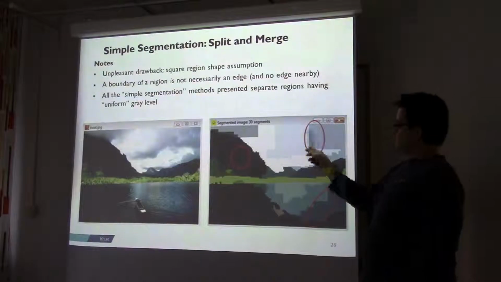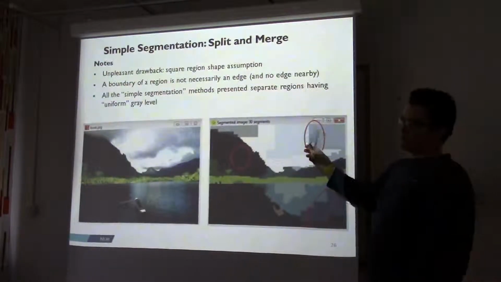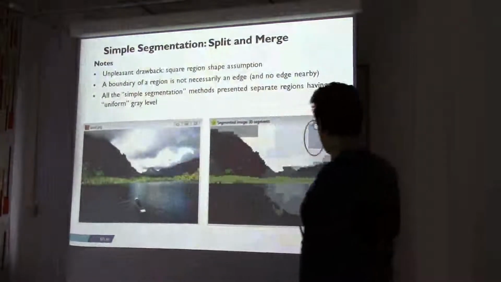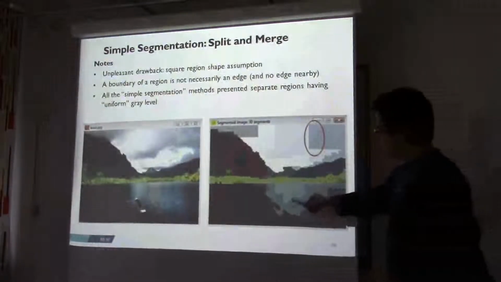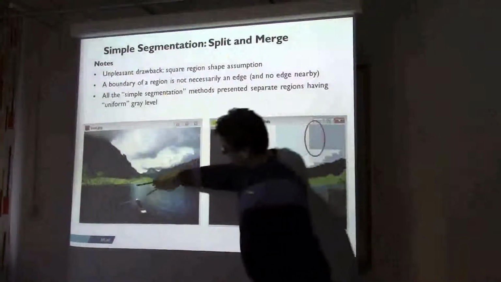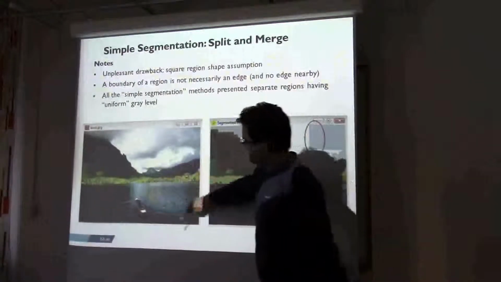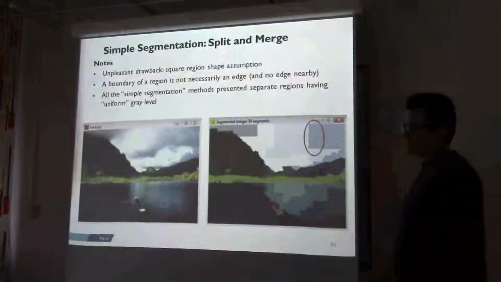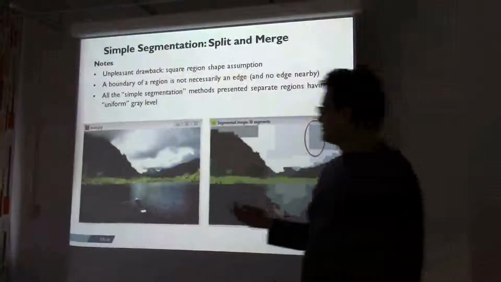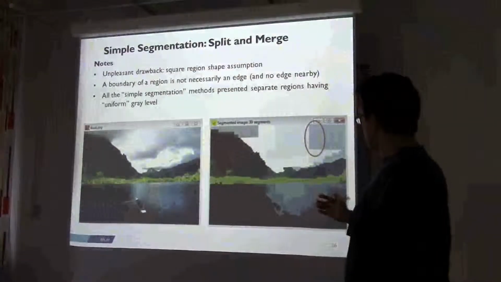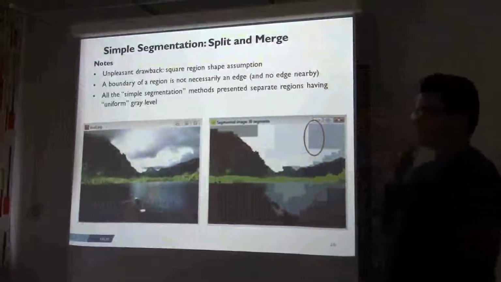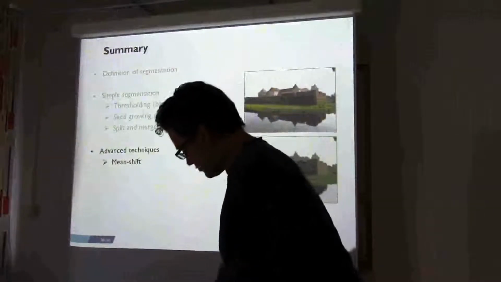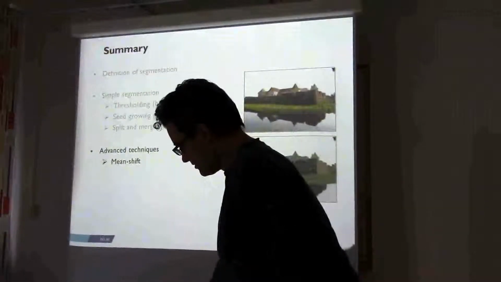So, because we are based on intensity values, they are separated here, even if you don't have a boundary here. And the same happens here. You have different intensity values as you go this way. So, in the end, they get separated. They are different enough in intensity to be considered different regions according to this method.